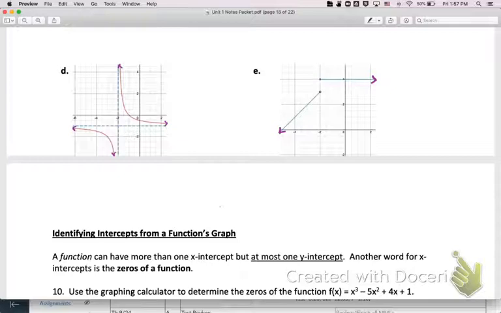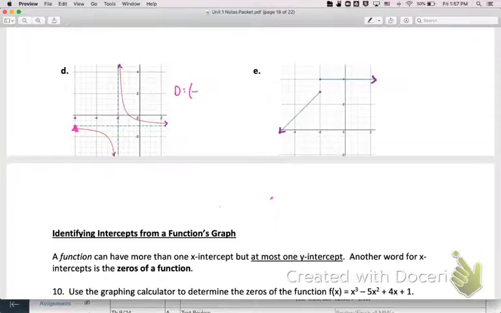So if we look at D, if we imagine our horizontal line, it's going to hit everywhere along this graph until I get to the asymptote. It's going to get really, really close to the asymptote, but it's never going to get there. But it's going to touch everything else. So for the domain, we're starting at an arrow. The first thing I encounter is this arrow right here.